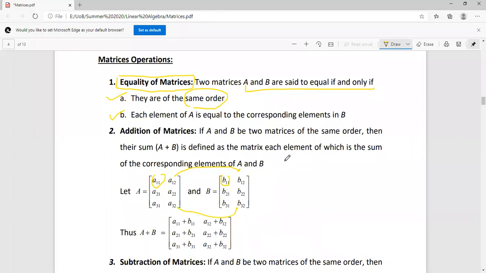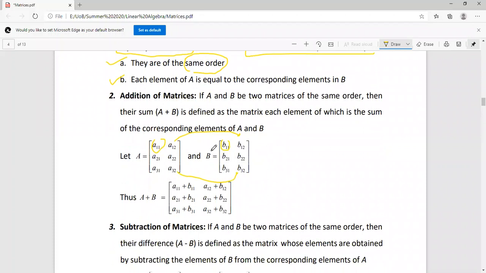All right. Now, if two matrices are given, how can we add them? We can add two matrices by adding the corresponding elements. You see, A11 will be added to B11, A12 to B12, A13 to B13, A22 to B22. So all corresponding elements you have to add.